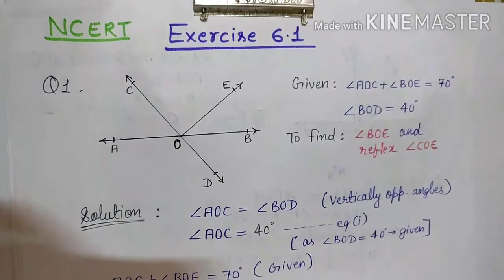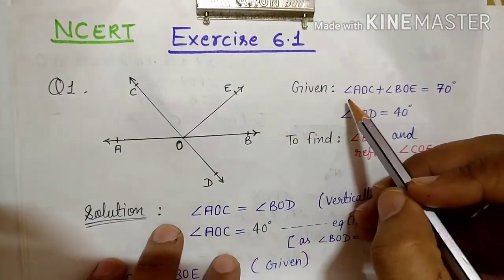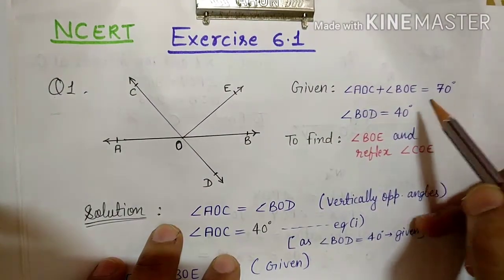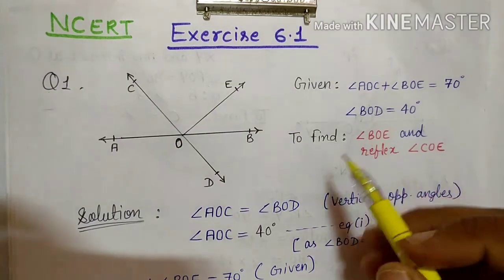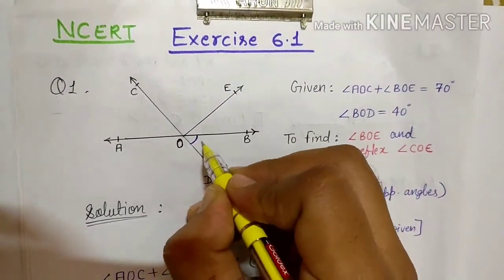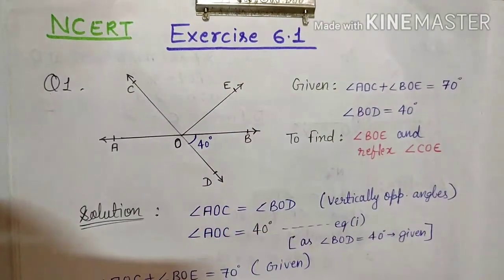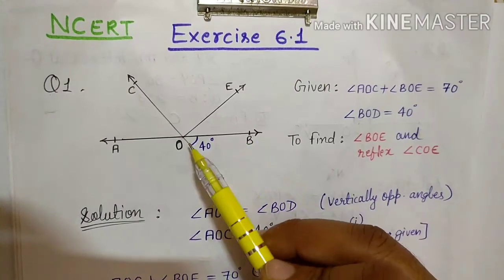Let's solve this question. First, they have given angle AOC plus angle BOE equals 70 degrees, and angle BOD is 40 degrees.